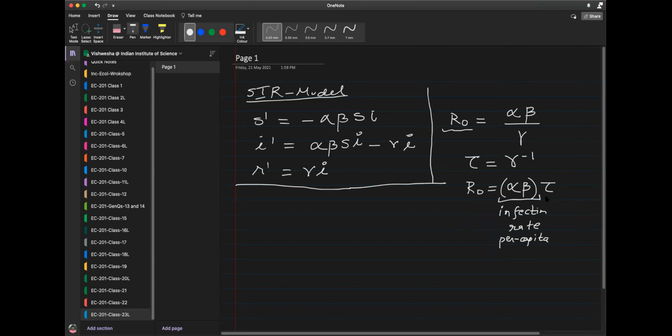Now, what is tau? Tau is the recovery time. So if we take the per capita infection rate and multiply it by how long it takes to recover, what do we get?